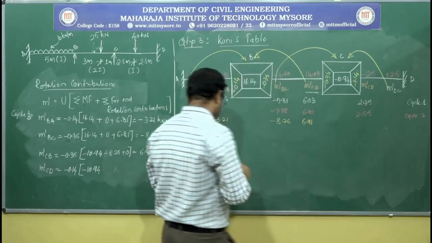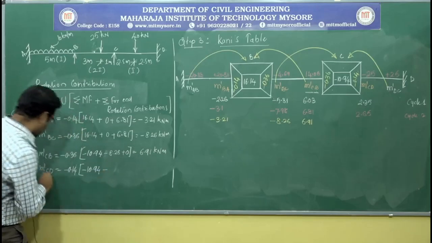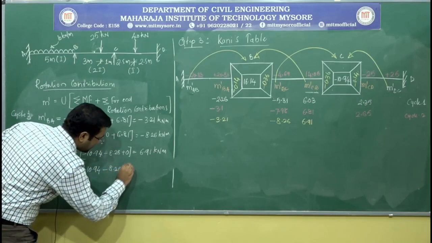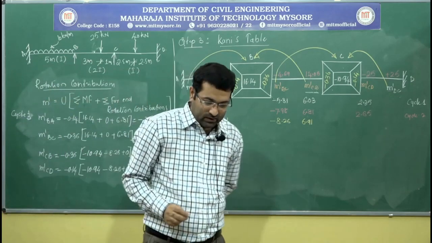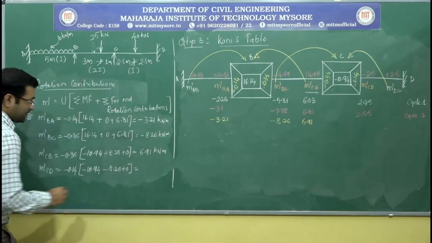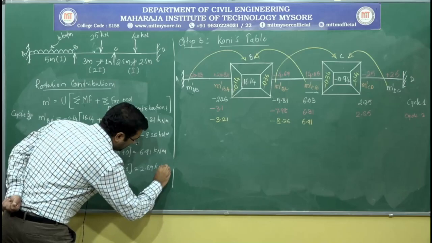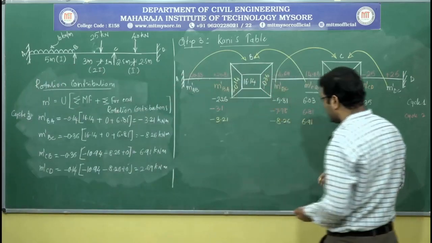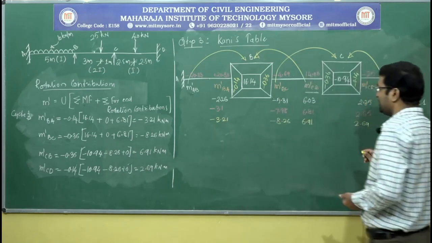And for the M dash CD, it is 8.26 plus 0. That gives you a value of 2.69 kilonewton meter. Let me represent this here. 2.69.